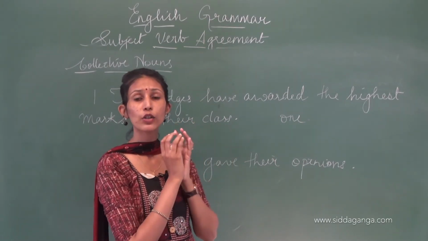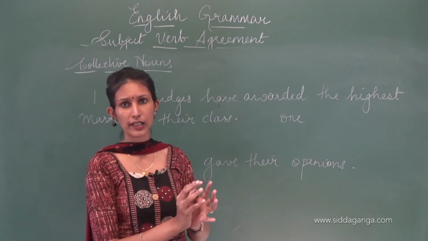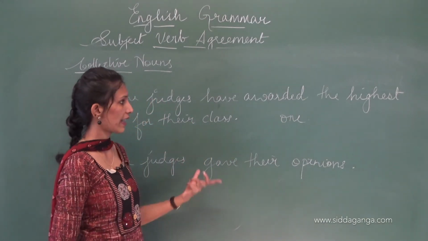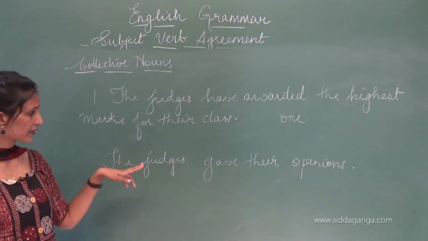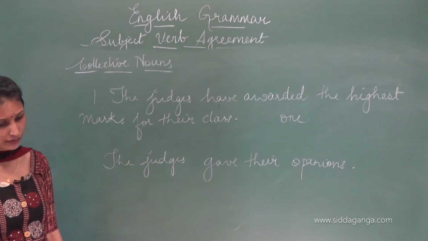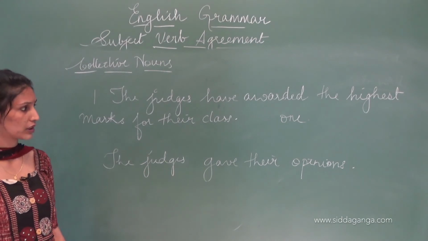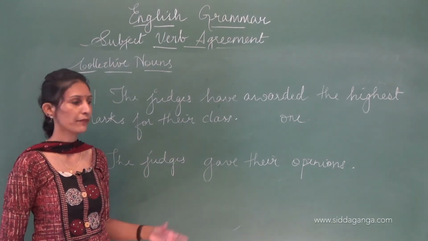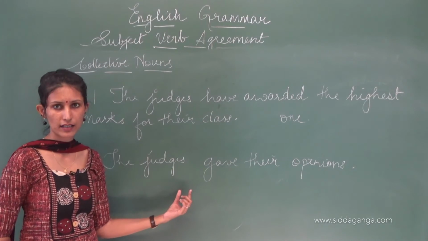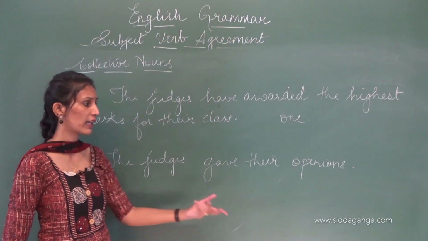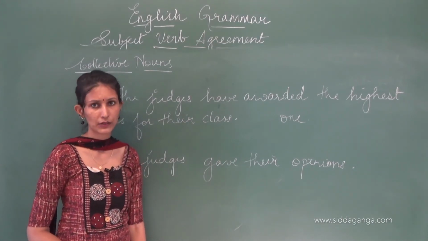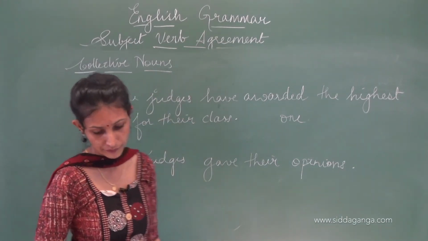That is one group taken as singular. Alright, so judges have awarded the highest marks for their class. Next is the judges gave their opinions. Now, judges gave their opinions. Individually they are acting, therefore the verb goes as plural. Okay, the verb goes as plural.